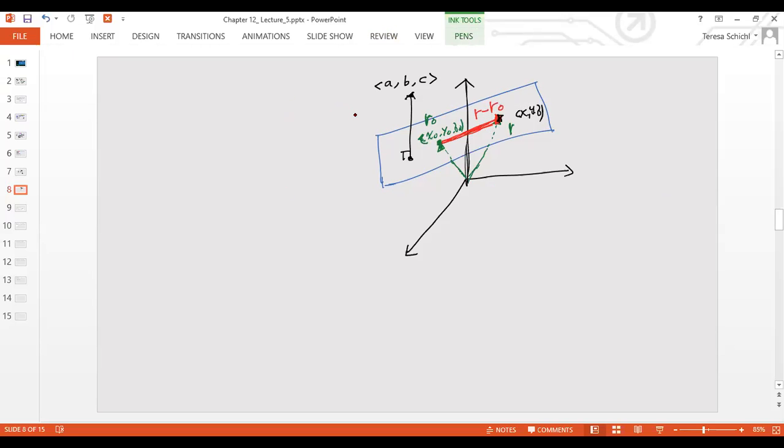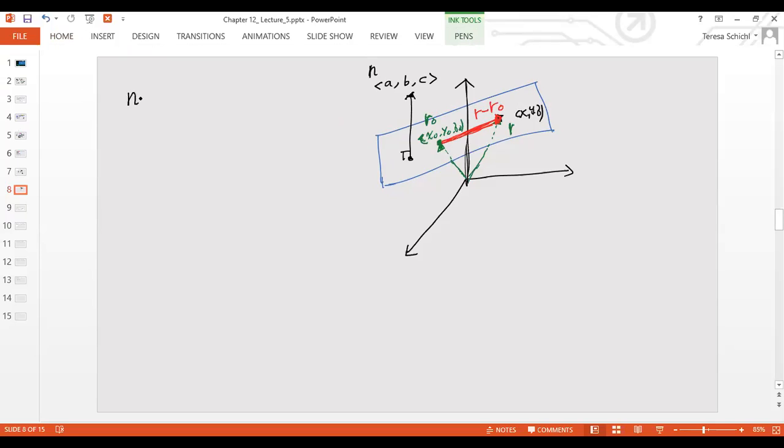Since this normal vector ABC uniquely defines the plane, and it's orthogonal, meaning perpendicular, we call it the n vector.